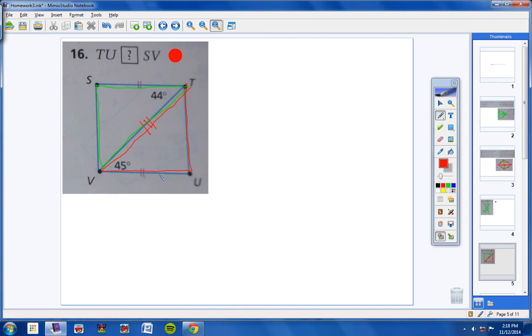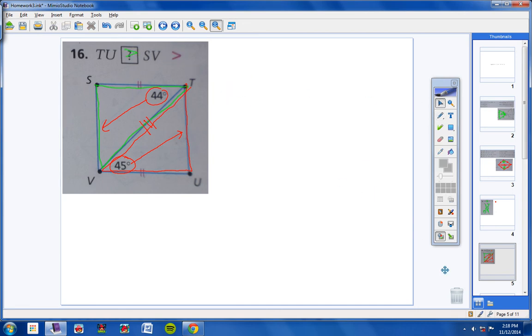And look at the included angles. This angle here is 45, and this angle here is 44. This angle is bigger down here, so TU has to be bigger than SV. So there we go, greater than.